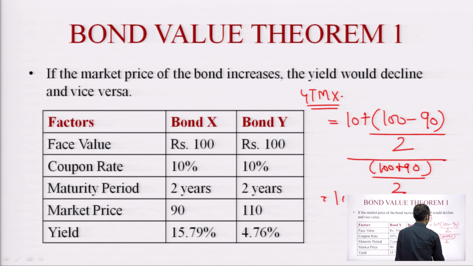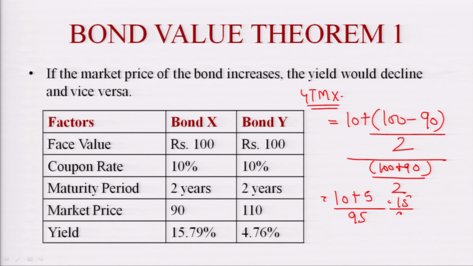Now, if we solve this example, we will have these variables with us. The resultant yield to maturity will be 15.79%. I have already calculated that for your convenience.